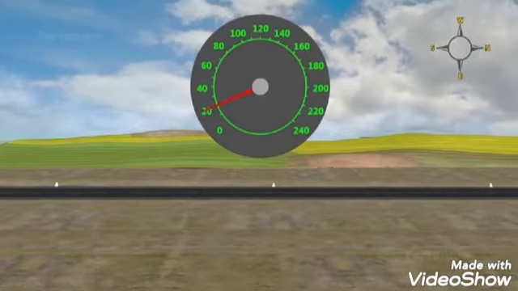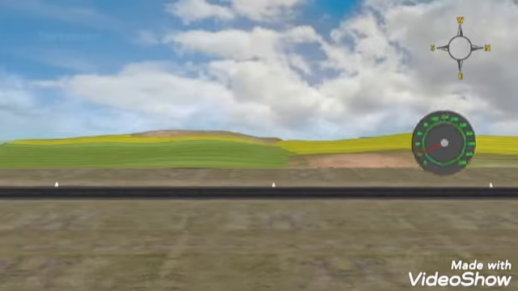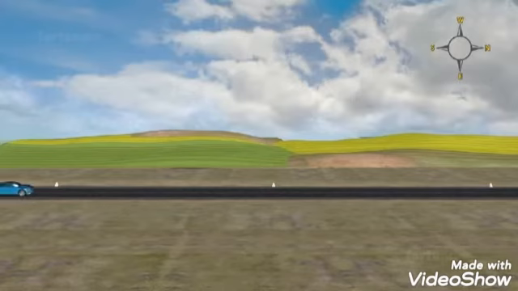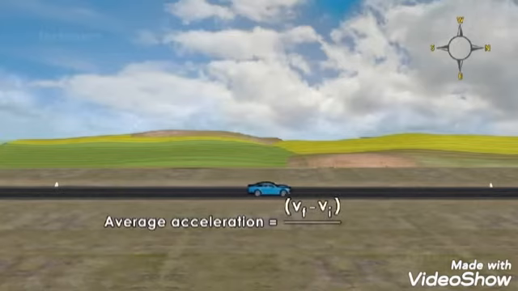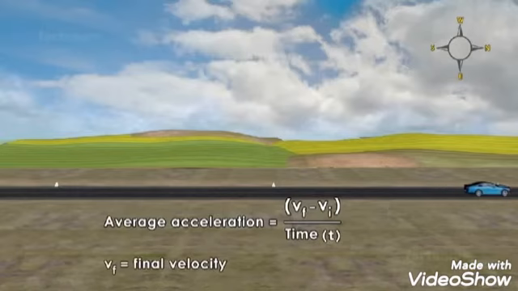Now we can calculate the average acceleration. Average acceleration is equal to Vf minus Vi divided by time. Vf is final velocity, Vi is initial velocity.